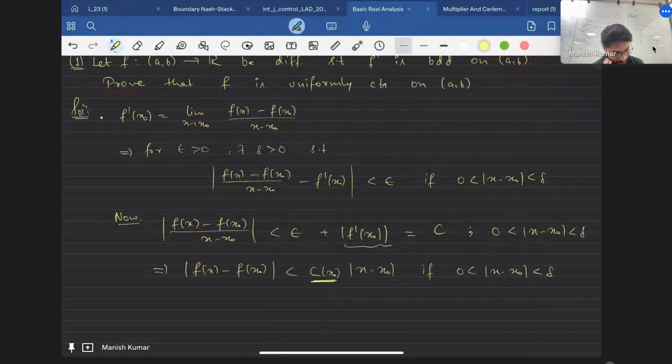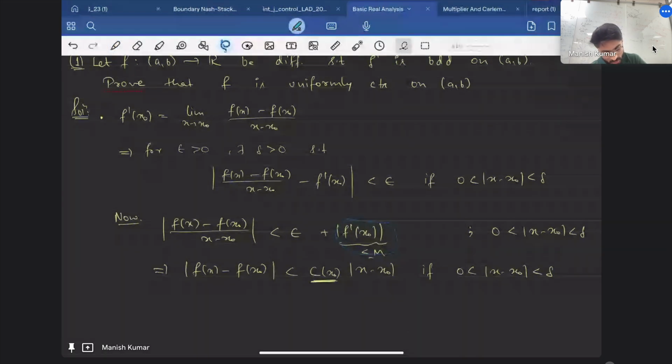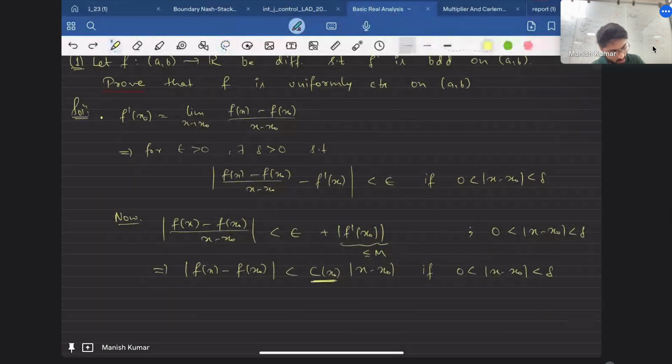But here, what I was just thinking is how to make this constant independent. Sir, this is positive, not constant dependent, right? So okay, let me say this is less than or equal to M, since I'm using the bound of the derivative. So here now this M is independent of x naught. So this is less than or equal to epsilon plus M, and let's say I'm calling it c.